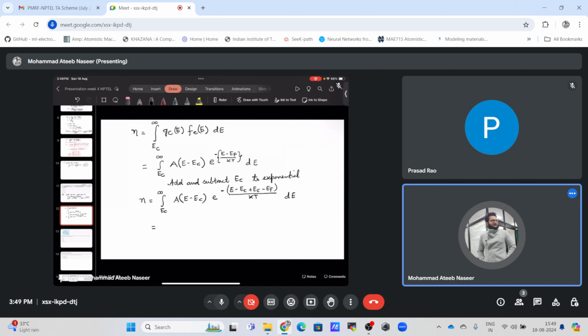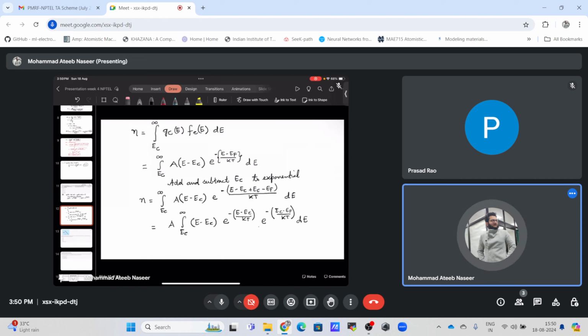So it is now simply A times the integral from EC to infinity of E minus EC, exponential of minus (E minus EC) by KT, times exponential of minus (EC minus EF) by KT.